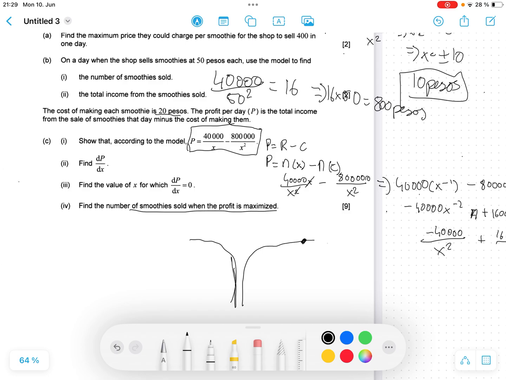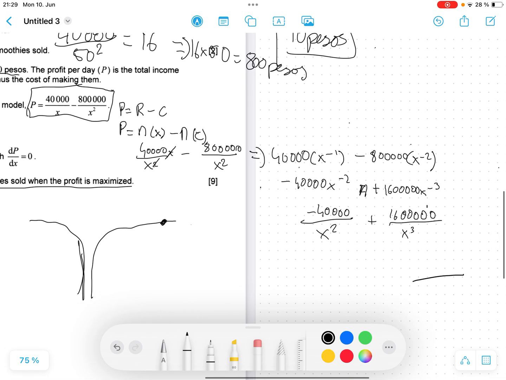We just take the derivative function that we have here and set it equal to 0 because at that point it will be flat, and flat means that it will have reached a minimum or a maximum. So if we equate this to 0, we will get the points at which we will have the maximum profit.